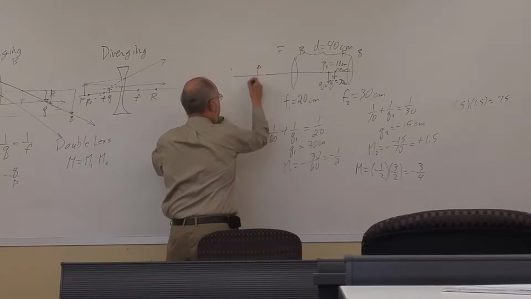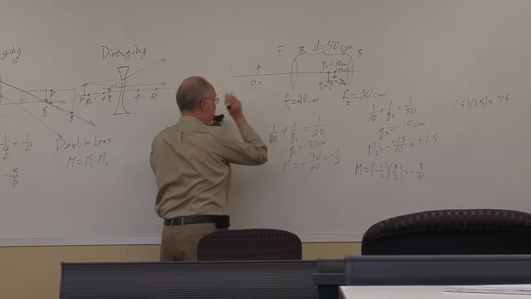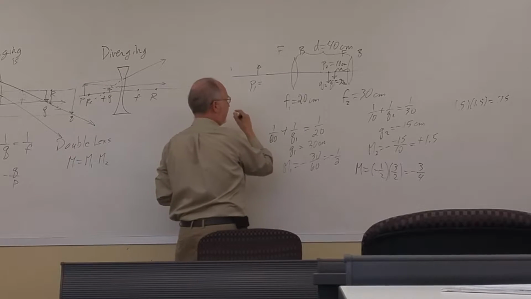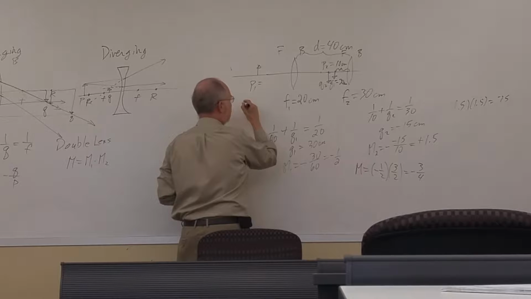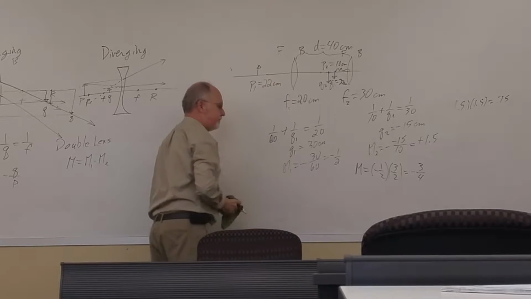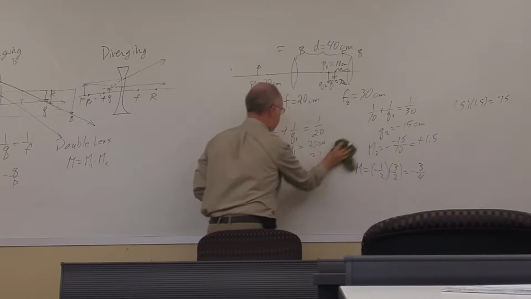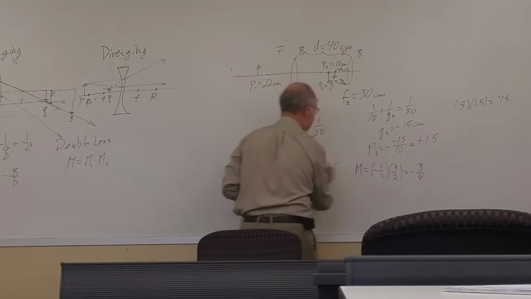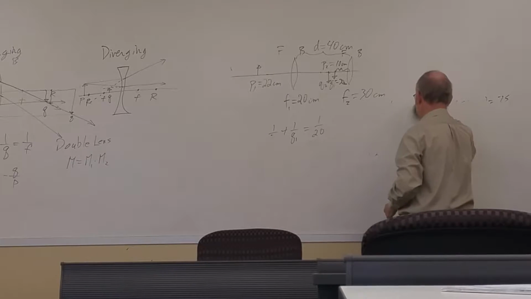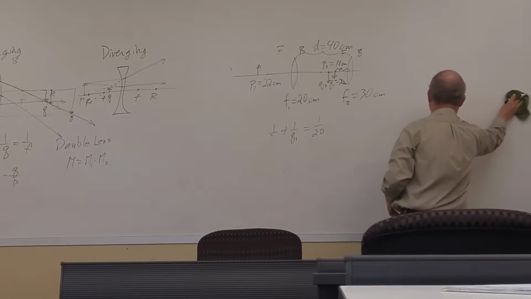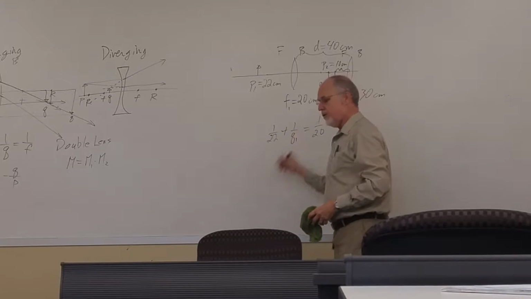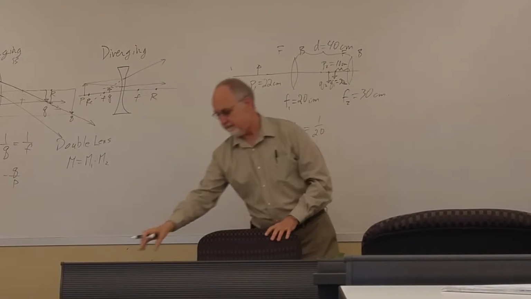Put it, say, that first object is going to be at 22 centimeters. Well, now where does the final image end up, and what's its total magnification? So I've got 1/22 plus 1 over the Q1 equals 1/20.